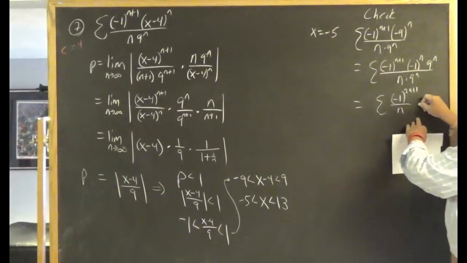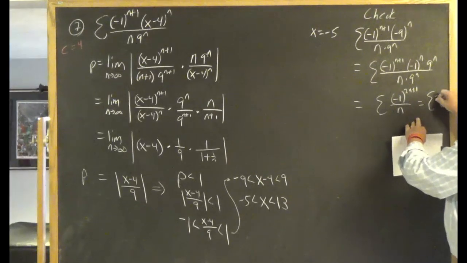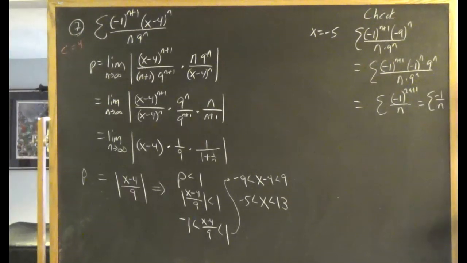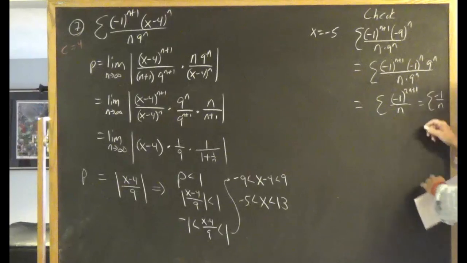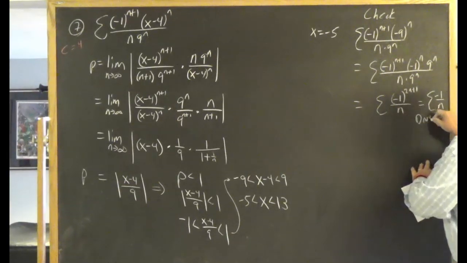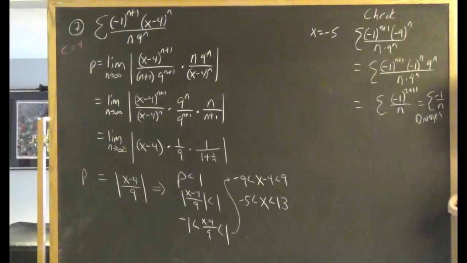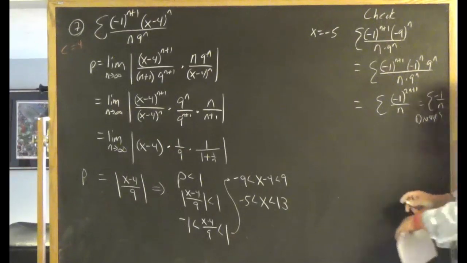So really this series is nothing more than the series -1 over n. I know this diverges. How do I know it diverges? It's nothing more than -1 times the known divergent harmonic series. Diverges.